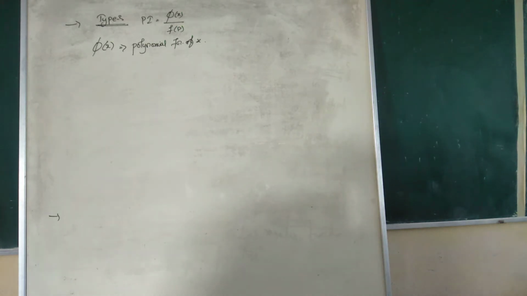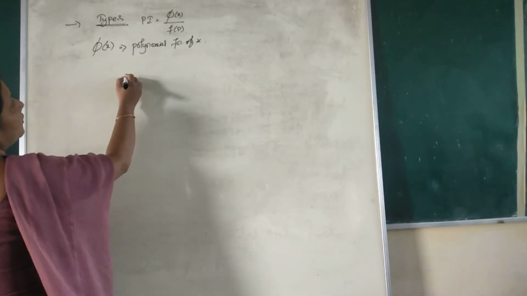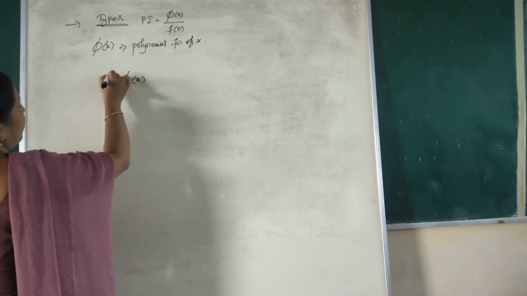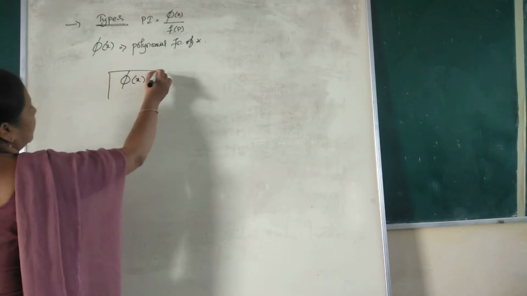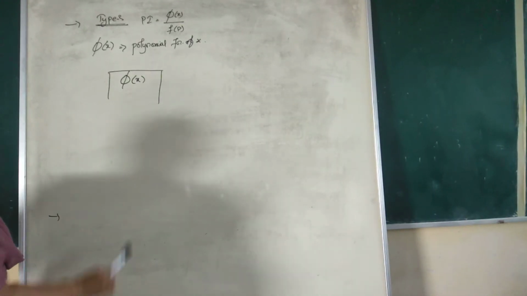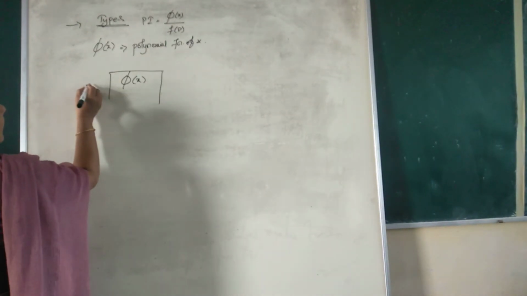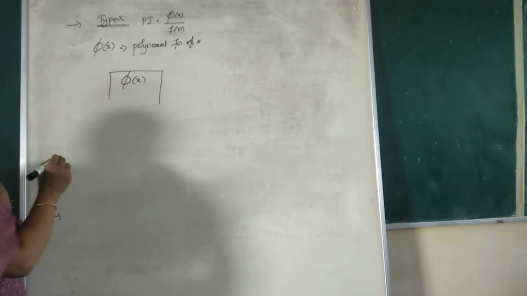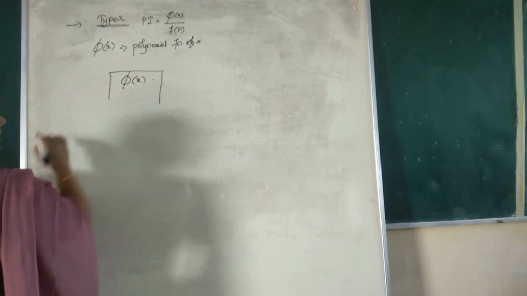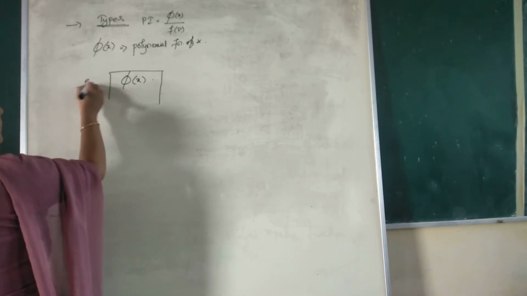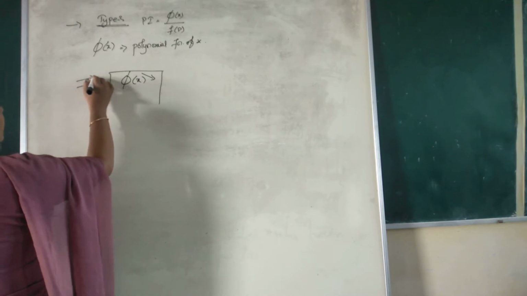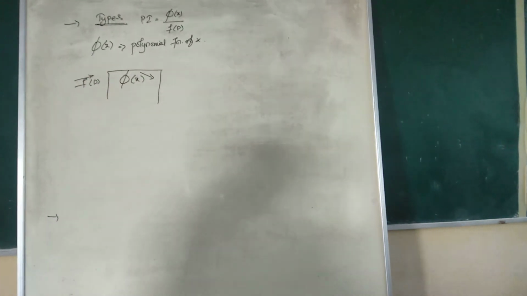You have to put it in the form where phi of x is in the descending order of the powers, and the divisor, which is our f of D, is in the ascending order of the powers. So f of D has the powers of D going up.